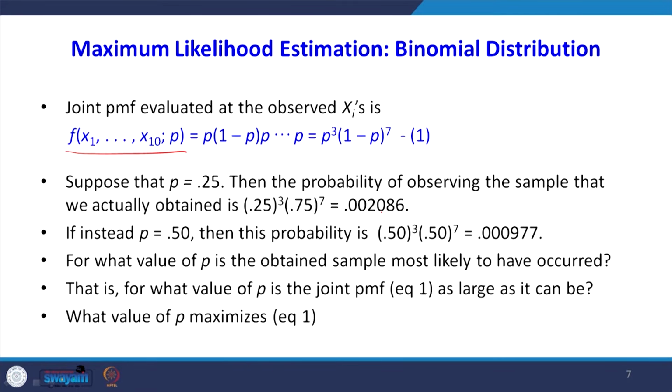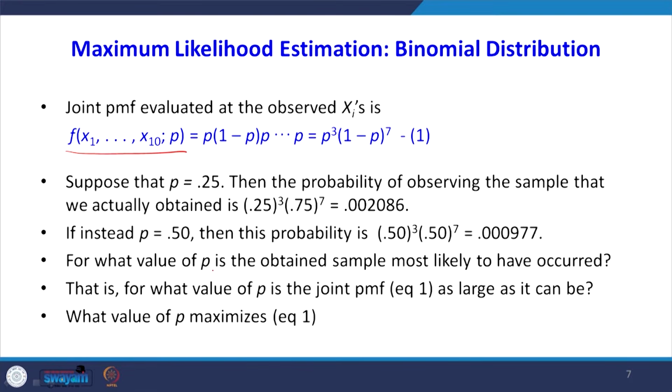So we can supply different p values. Suppose instead of 0.25 you supply p equal to 0.5, then the probability is 0.0097. You see that when it is 0.5 it becomes very low. So between 0.25 and 0.50 we are going to get the value of p that will maximize our left hand side value.